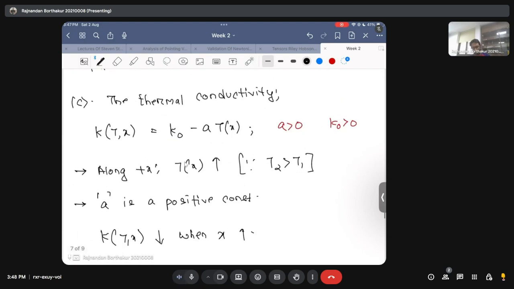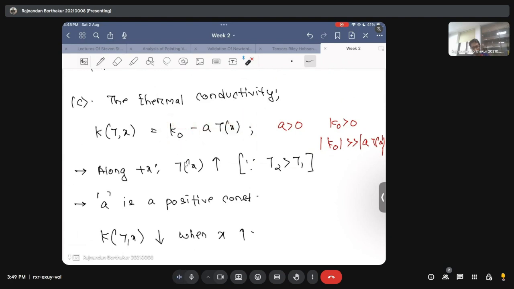Okay, and of course you can argue, what happens when the magnitude of a times T of x exceeds k naught? What will be the case? So there is one more inherent assumption, that the magnitude of k naught is much larger than the magnitude of a times T of x. Which means that this quantity would always be subsided by this quantity.